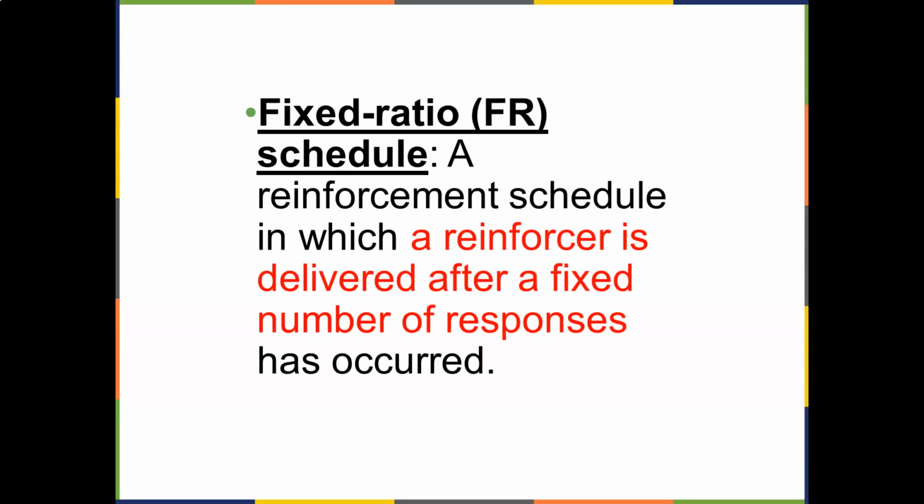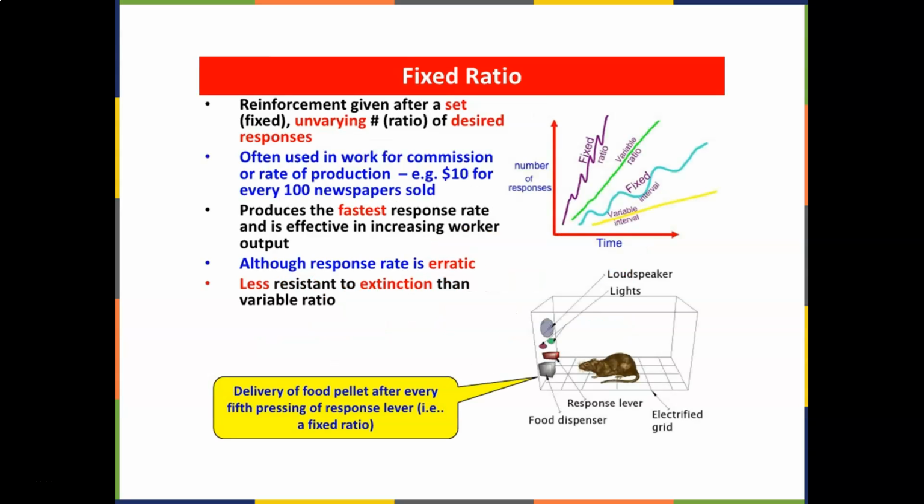So fixed ratio means basically a reinforcer is delivered after a fixed number of responses. So a fixed number of responses, and a good example of that, mainly the lower part of this slide right here, is what I'd like to show you.